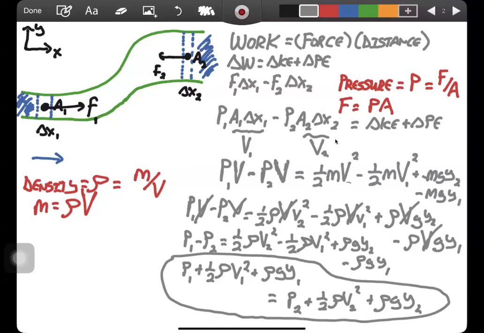And so this is what's going to allow us to understand why an airplane can fly. So if you can imagine the wing of an airplane, it has a shape that's kind of like this.